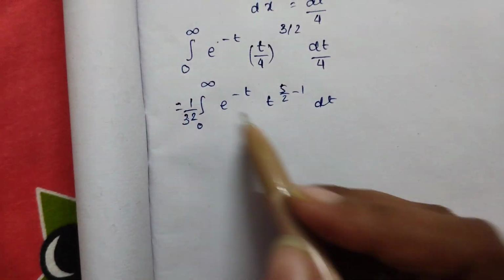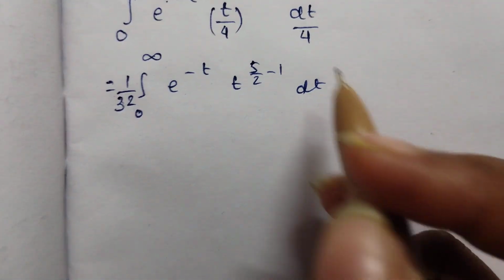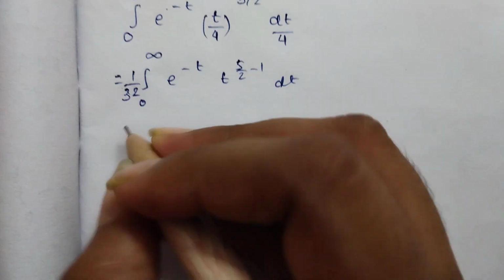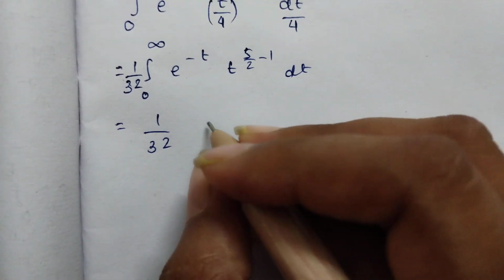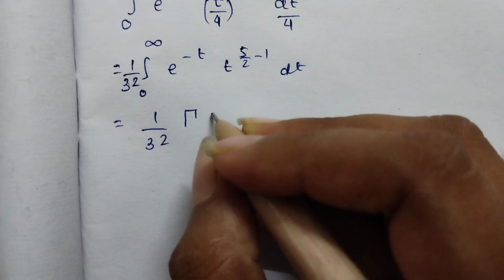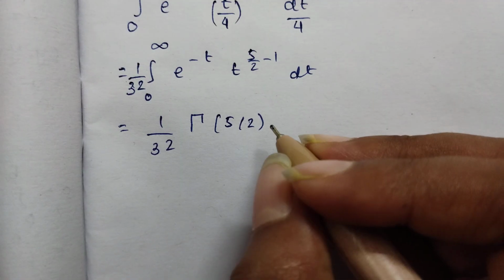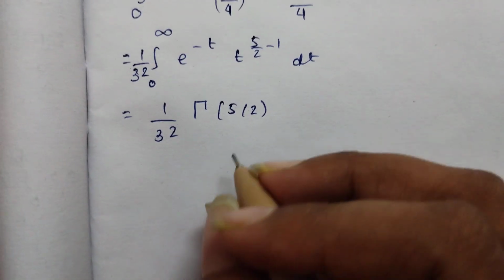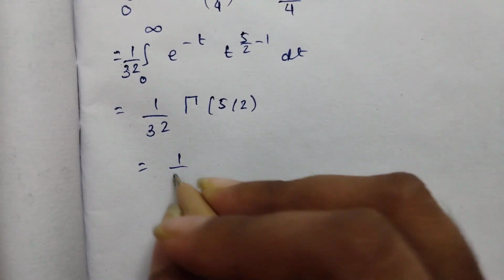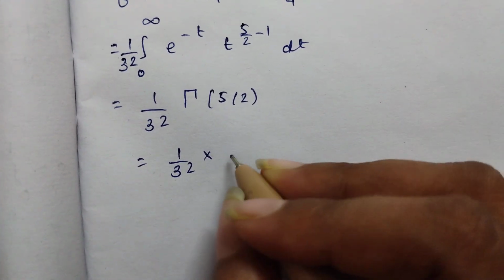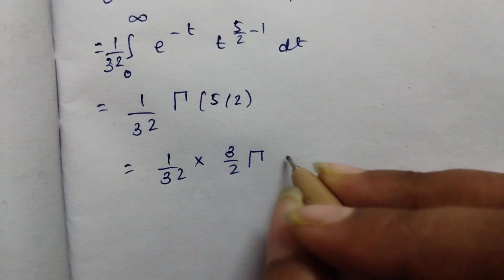So after putting this, we can see that we got this function as the gamma function. So we are going to write it accordingly: 1 by 32 multiplied by gamma of 5 by 2. Then we can write it as 1 by 32 into 3 by 2 into gamma of 3 by 2.